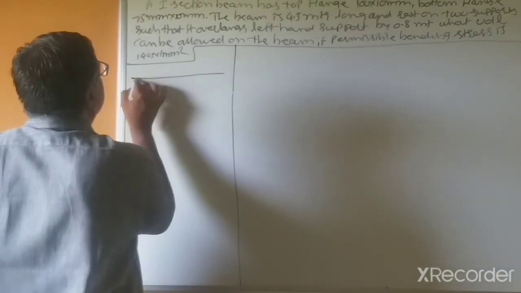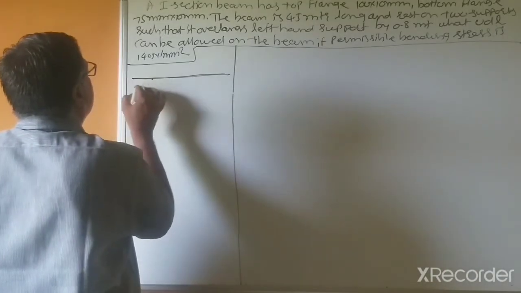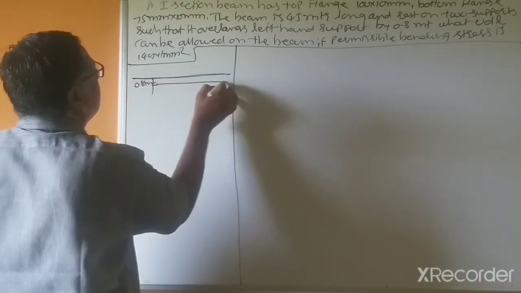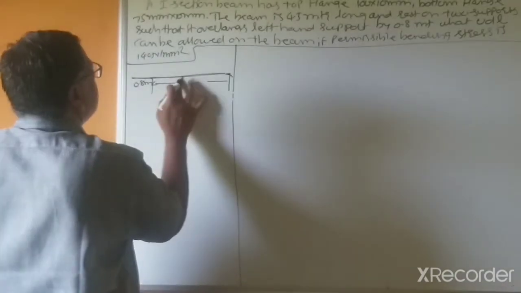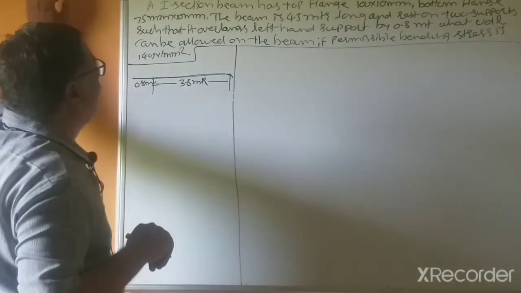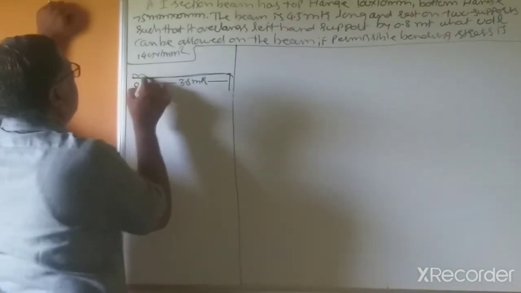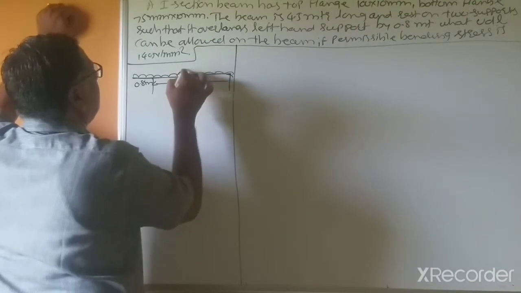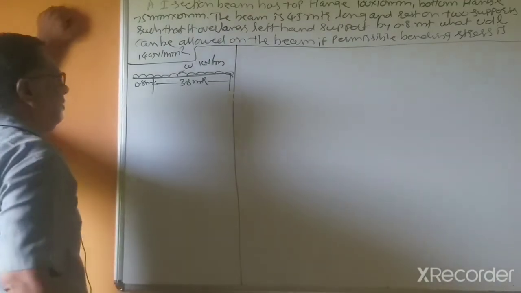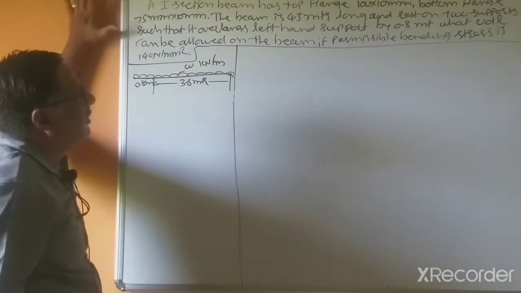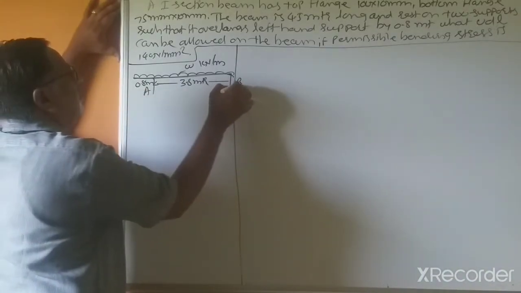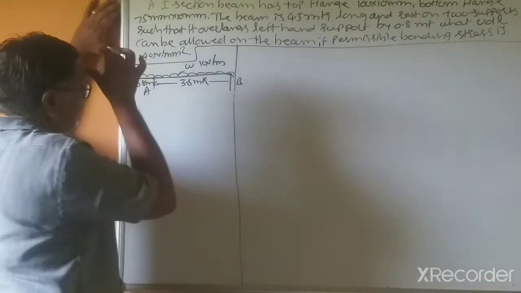The left support overhangs 0.8 meter, so the remaining is 3.8 meter, because the total is 4.5 meters, with a uniformly distributed load, say in kilonewton per meter. All right, is there any doubt? No. So this is A, B, and this point is the C point.